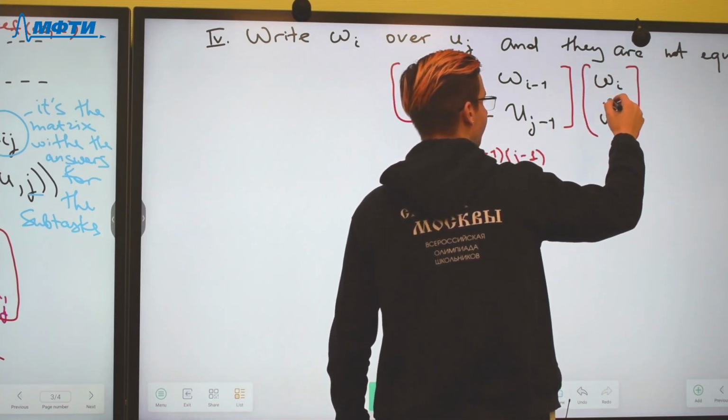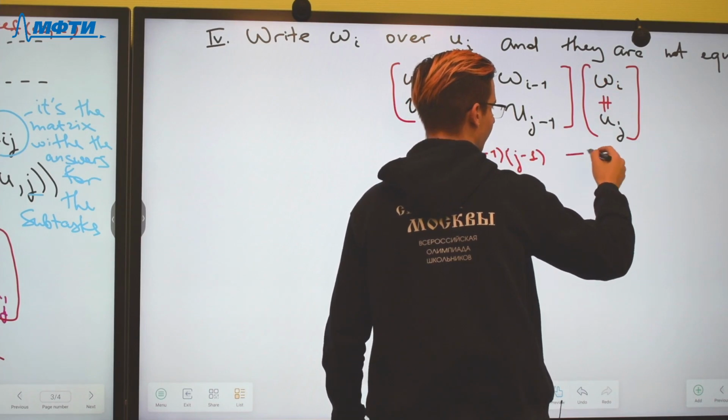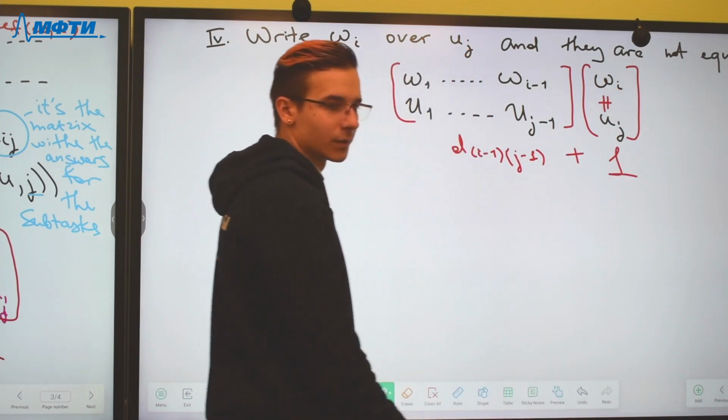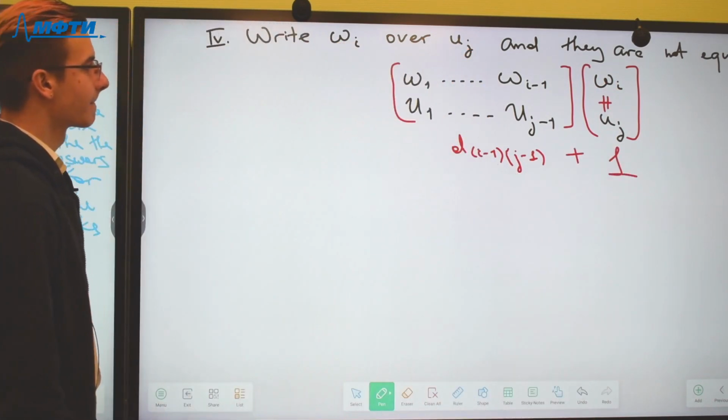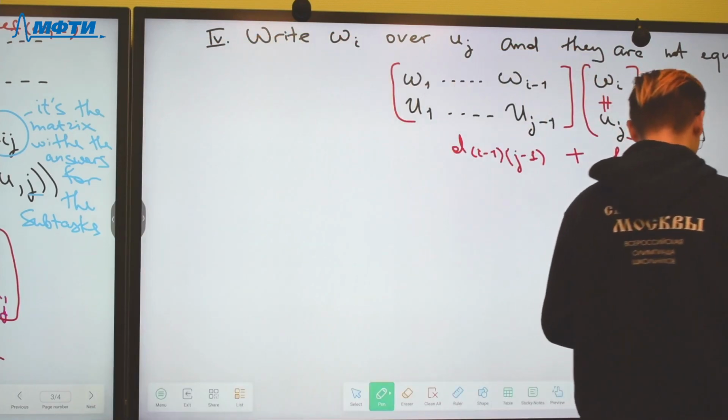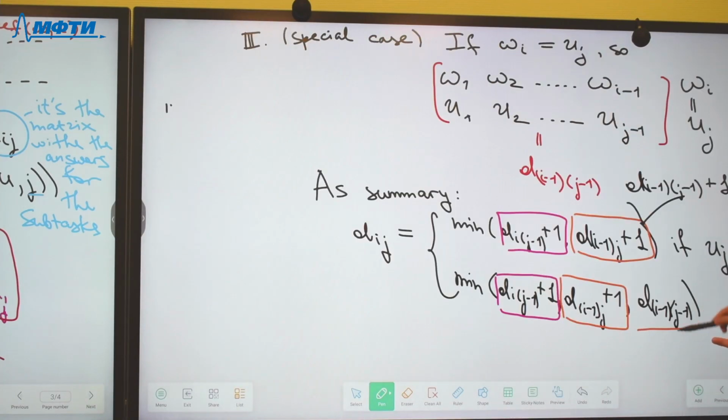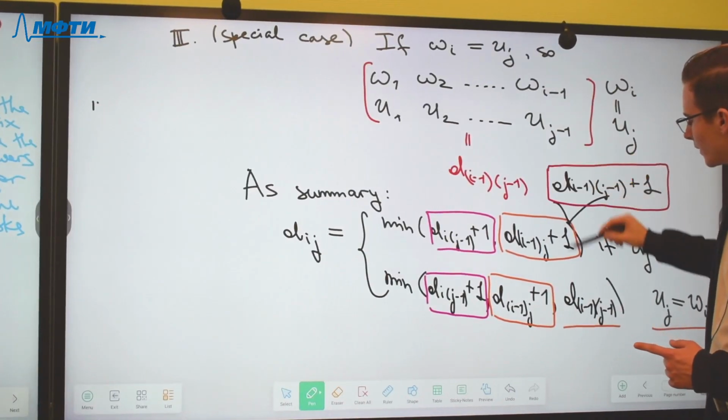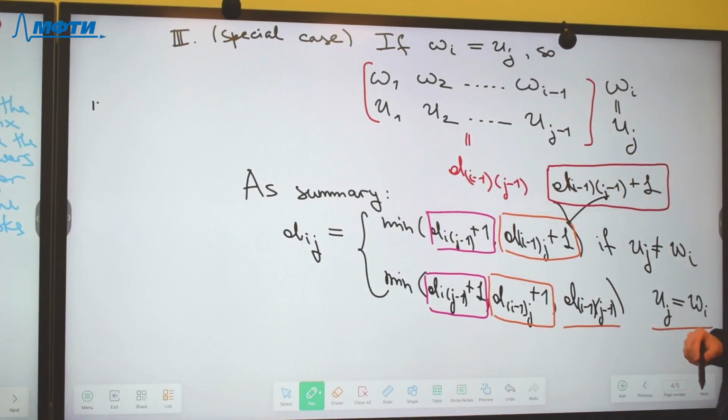And because they are not equal, we add plus 1. So due to this fourth case, we need to add this number here.